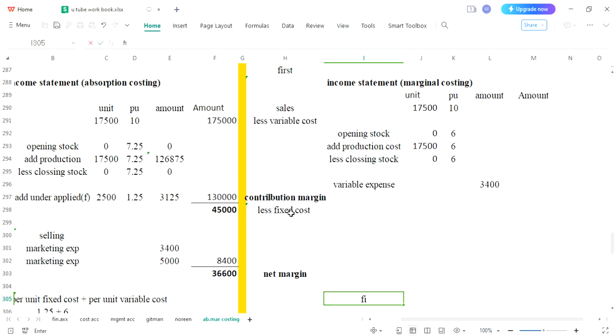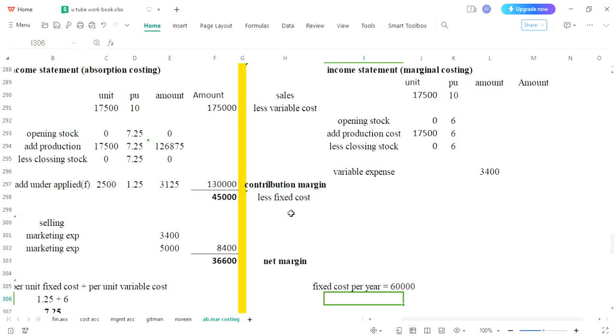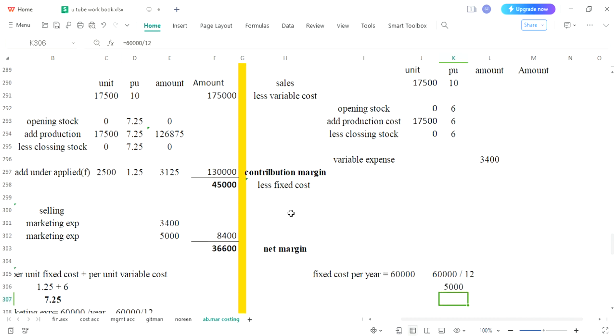If your fixed cost per year is given as 60,000, you need to make it per month. For per month, what you will do, 60,000 is for the whole year, you need to divide it by 12 to get per month. Now put it on your calculator, 60,000 divided by 12. So we have 5,000 fixed cost per month. So this was needed.